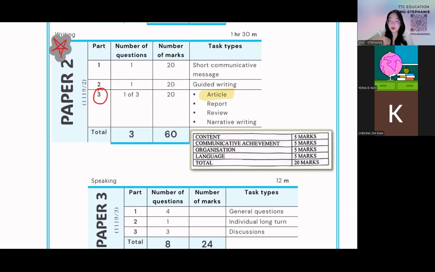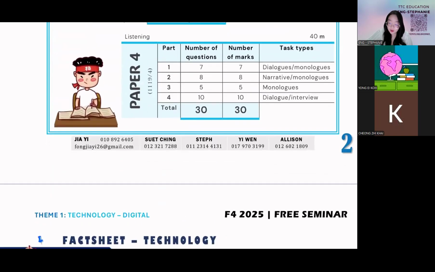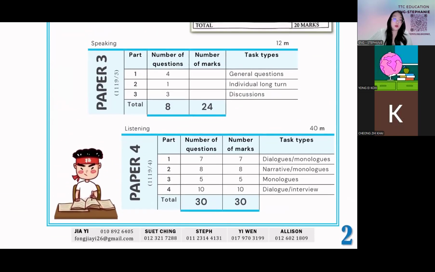What we need to achieve is CAOL, 5 marks each, a total of 20 marks. What I will be teaching you later is how you can get your content, communicative achievement, organization and language marks. Speaking and listening will be your paper 3 and 4. I won't cover this today. If there is time, we might do it in class. So this is what we will be doing.